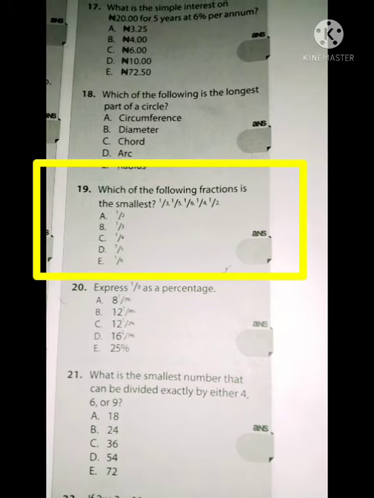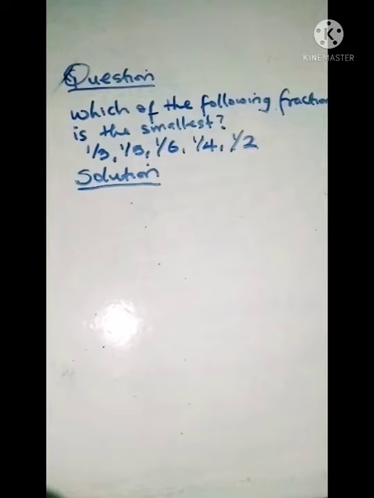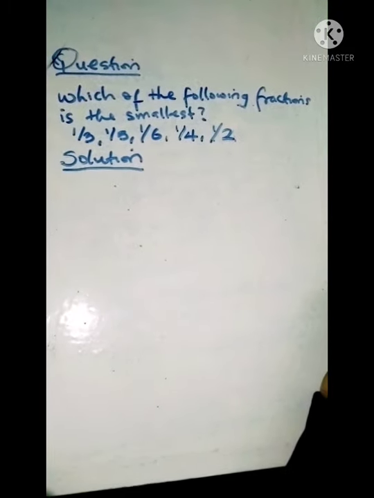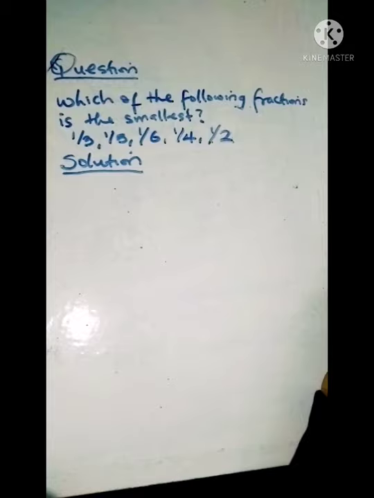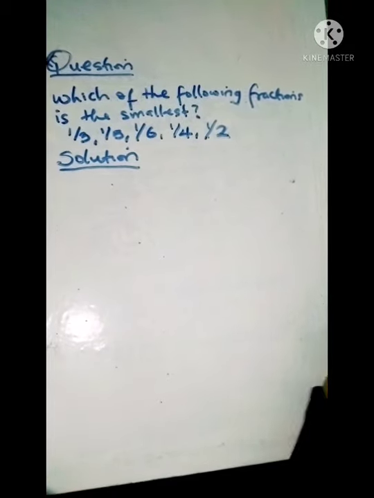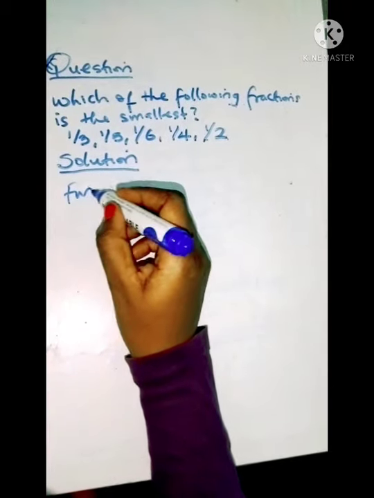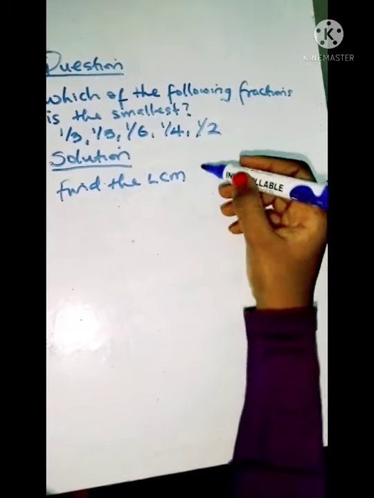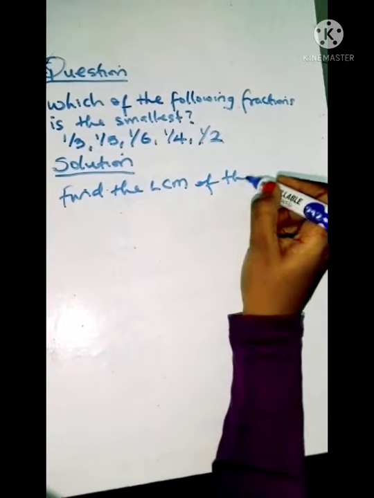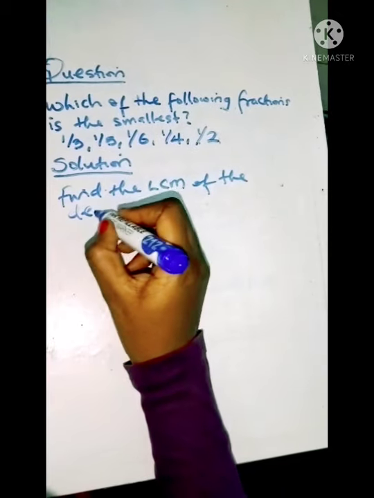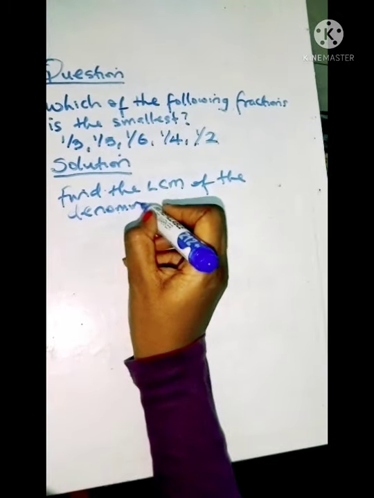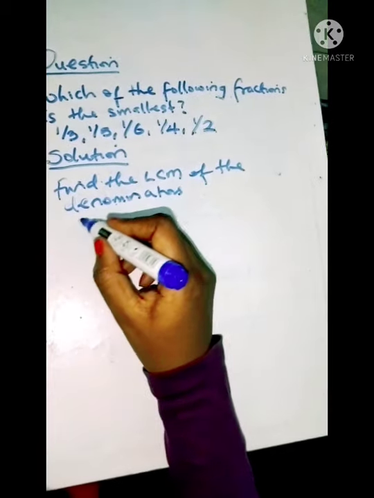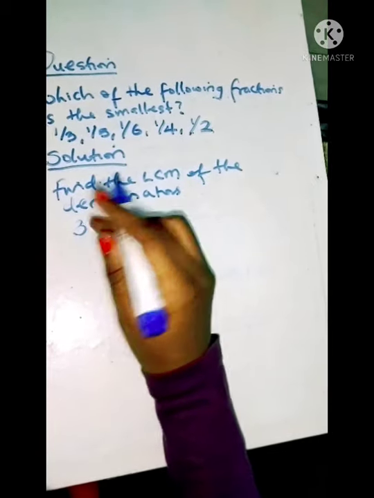So this is our final question, and it reads, which of the following fractions is the smallest? 1 over 3, 1 over 5, 1 over 6, 1 over 4, and 1 all over 2. Now the solution. We'll find the LCM of the denominators and use it as a common denominator for all the 5 fractions.